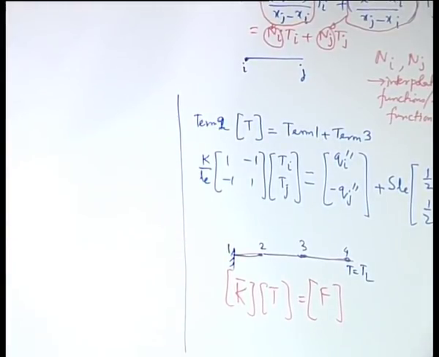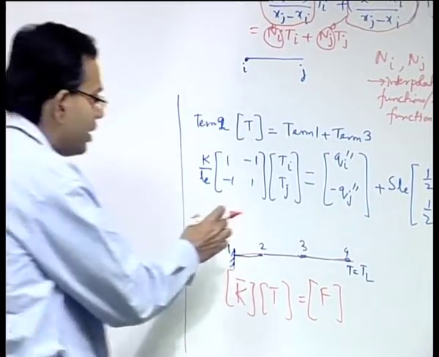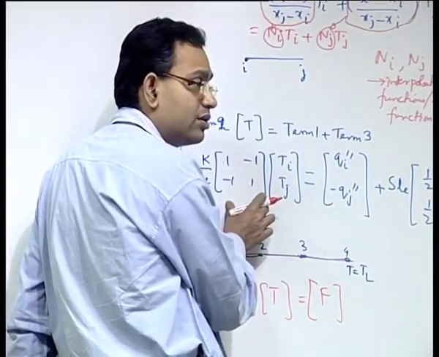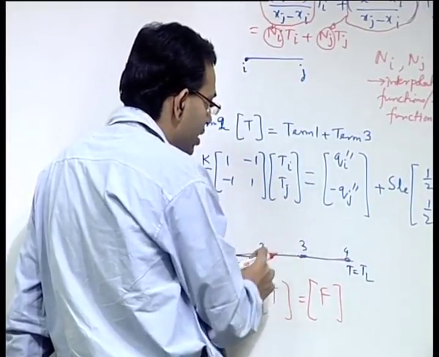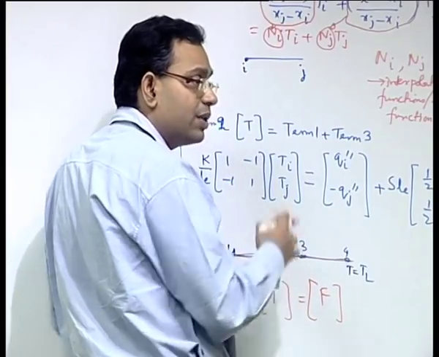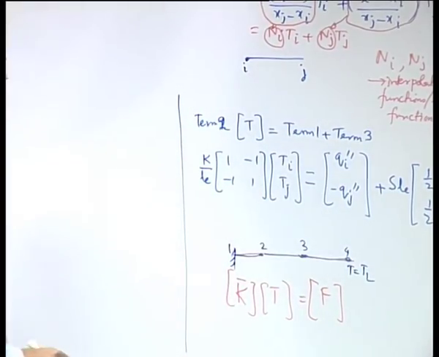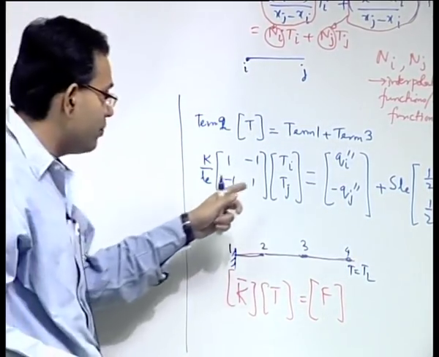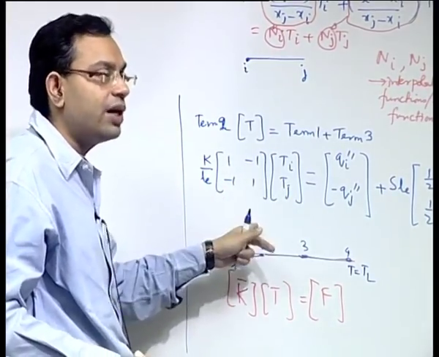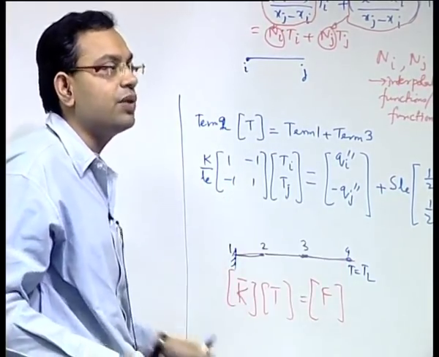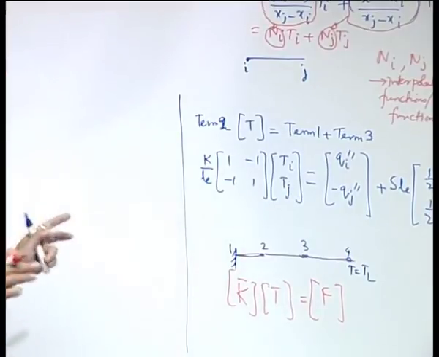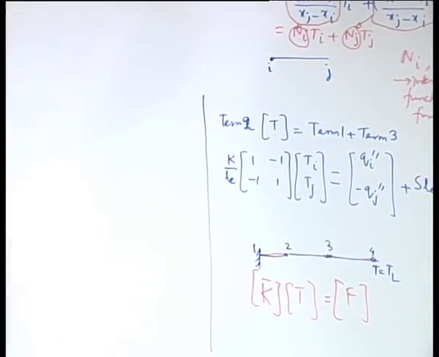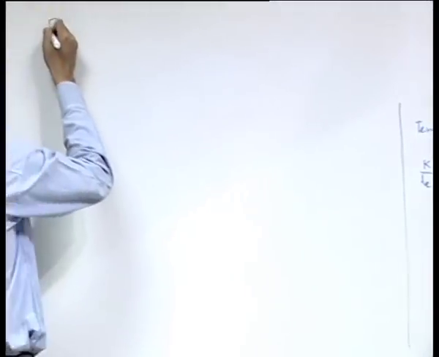Now, if we get a 2 by 2 equation for each element, then when it is summed up over all the elements, what will be the size of the total matrix that we will get? If it is for 2 nodes it is 2 by 2, then for 4 nodes it must be 4 by 4. So what we can see here is that we will get a square matrix as a coefficient matrix, 4 by 4.